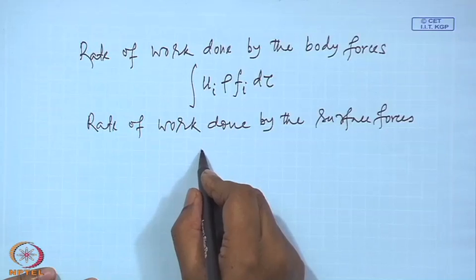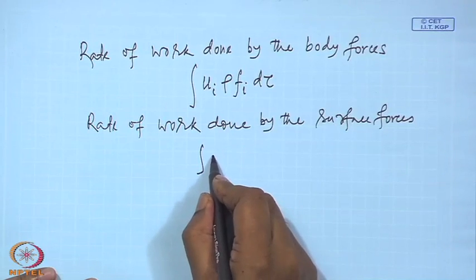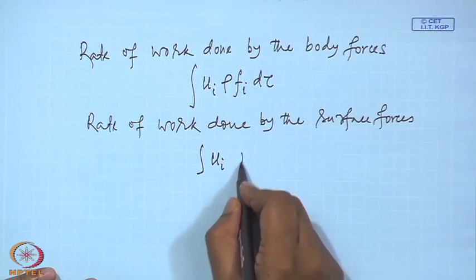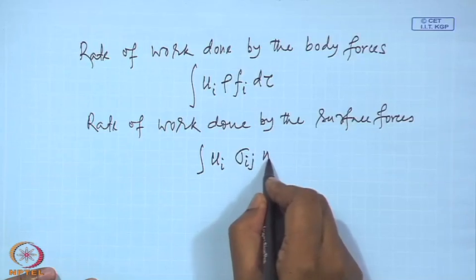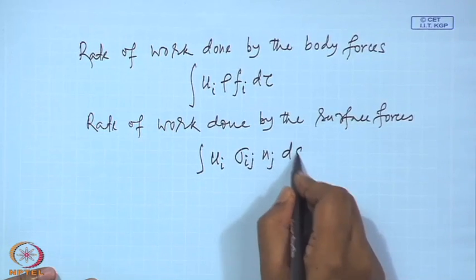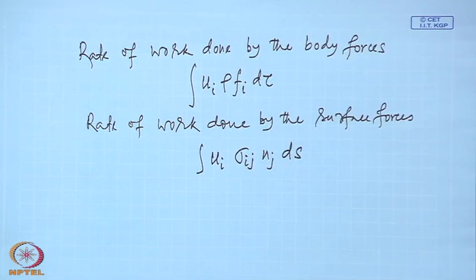So this will be u_i sigma_ij n_j ds, and if we add the two, we get the total work, or rate of total work done by the forces.